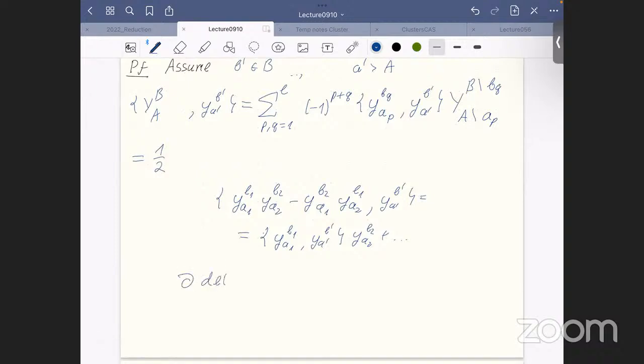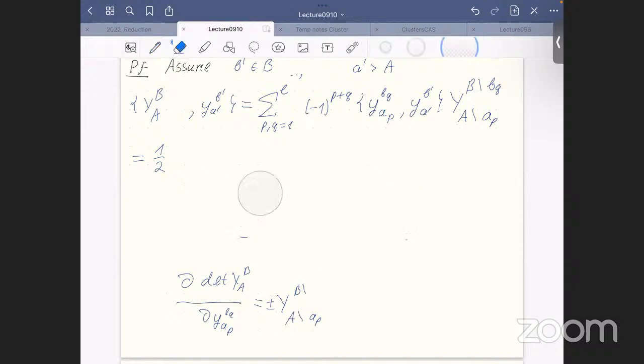So if you take the derivative of the determinant of the matrix with respect to some matrix element, it is an adjacent minor. Okay, I'm sorry. Yes. Okay. I'm satisfied with this formula.